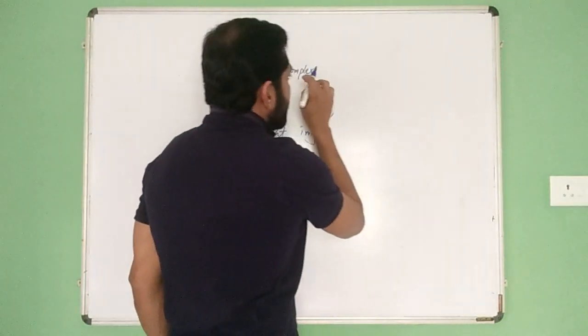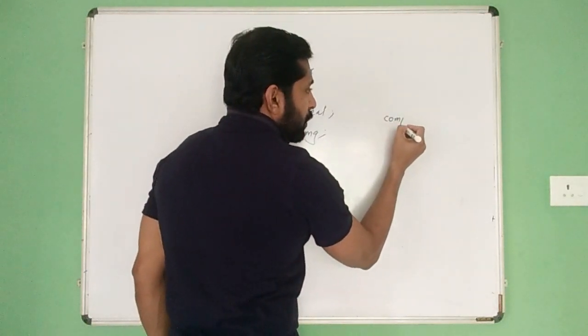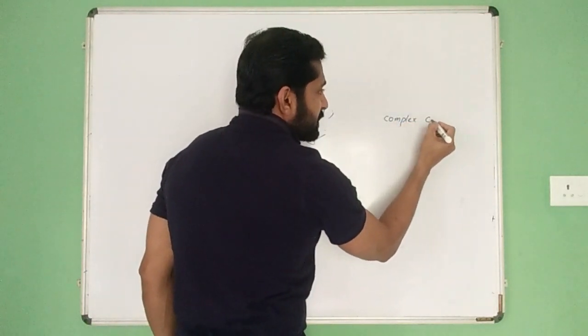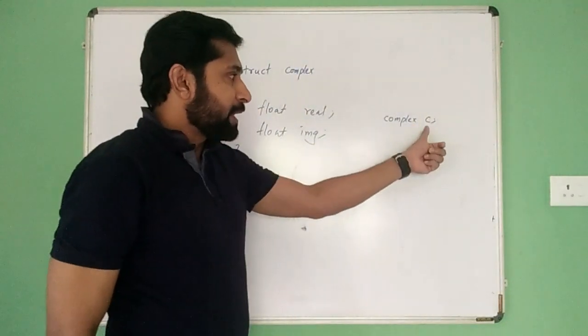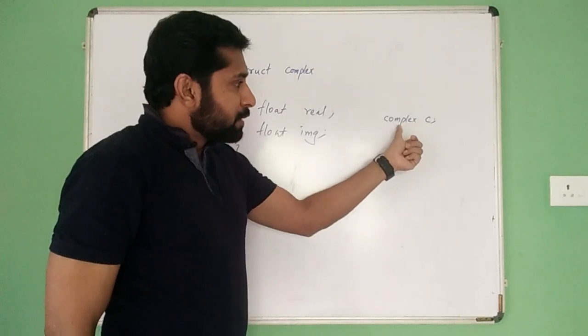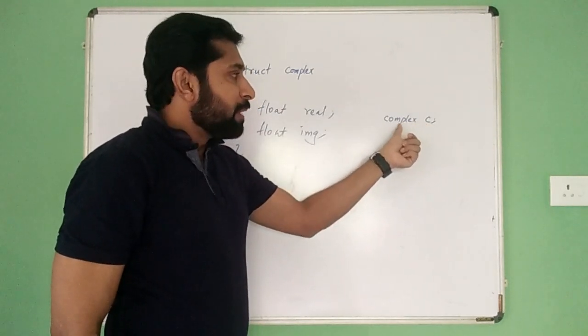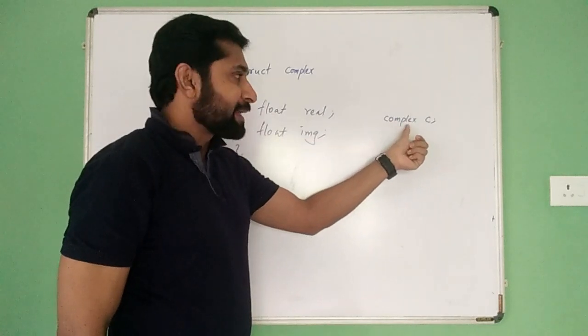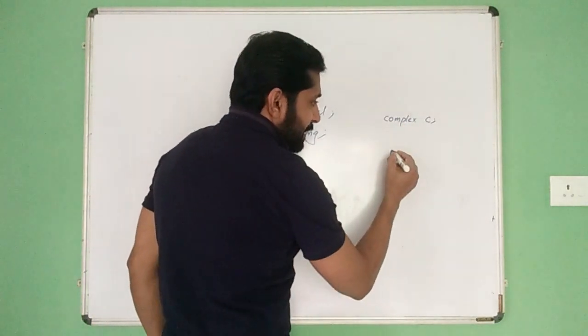We can create a variable of complex like this, complex C. Now C is a variable of type complex. By declaring a variable, the memory for this data type is allocated. It can be schematically represented like this.